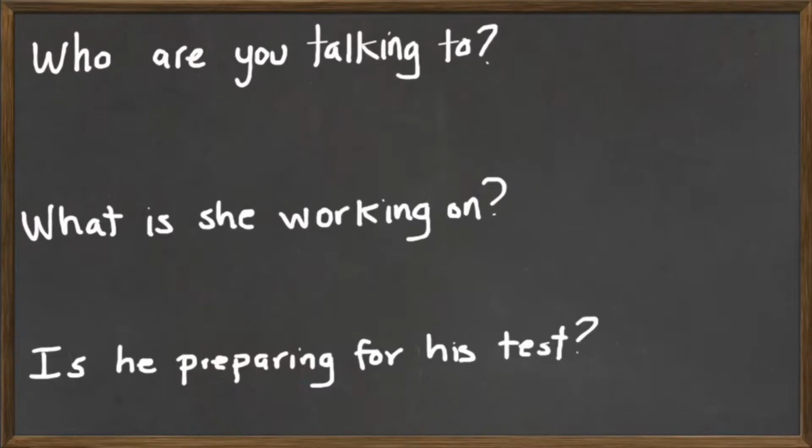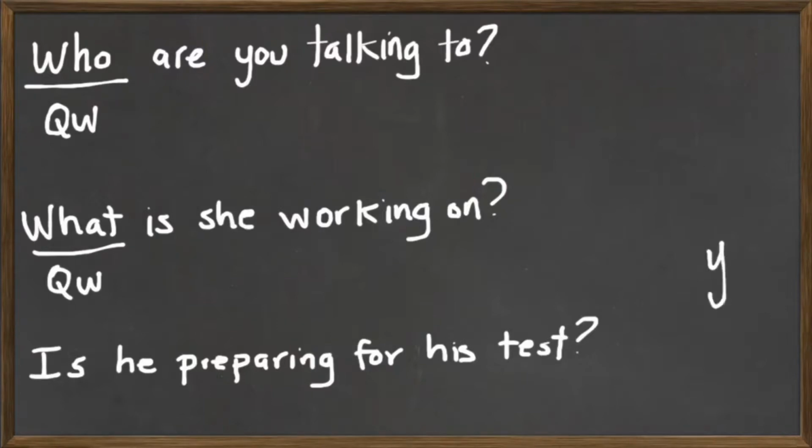Okay, let's look at the labeling of these examples. We have a question word in the first 2 examples: who and what. In the third one, it is not necessary because once again, it is a yes or no question. Let's see, we have the verb to be.